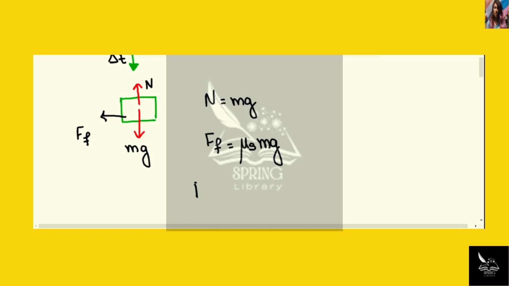Now we know that the friction force, since it's the only force in the horizontal direction, is equal to the mass of the crate times the acceleration. And since we want the maximum acceleration, we also want the maximum frictional force. And we've already said that the maximum frictional force is mu s mg.